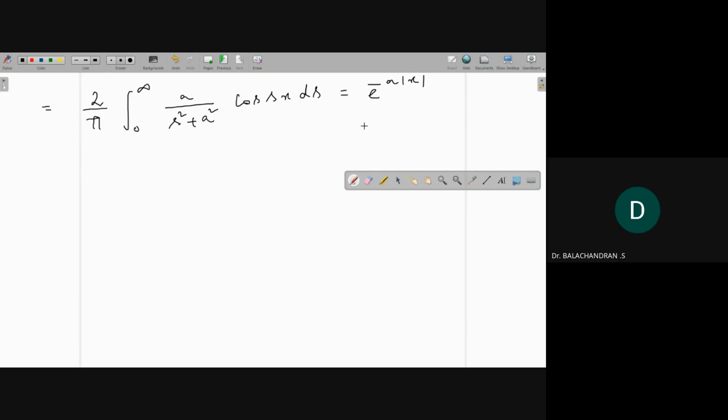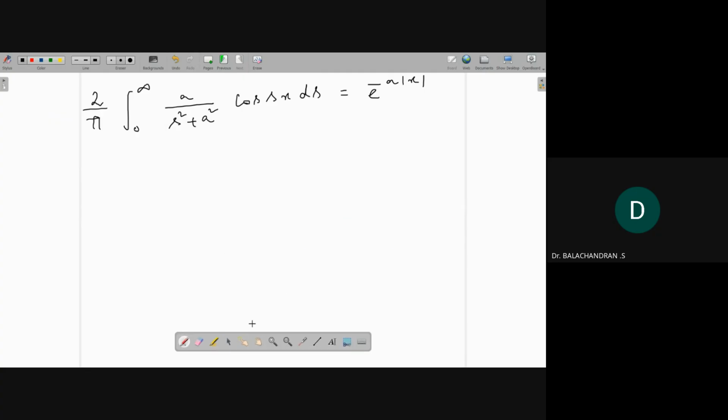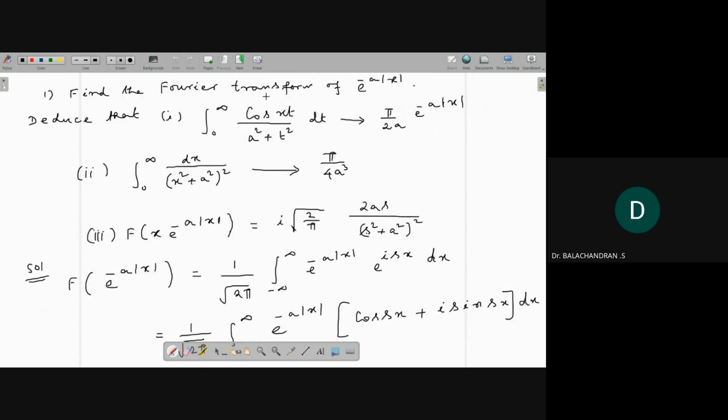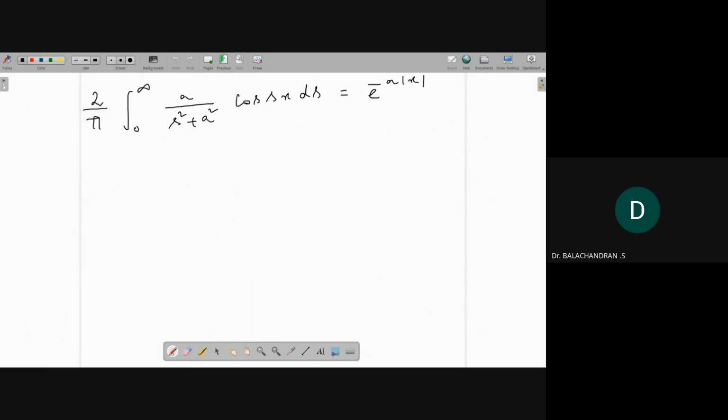Now I need only this integral value, so I'm going to change the dummy variable. Please check what we need: cos xt, in terms of t.